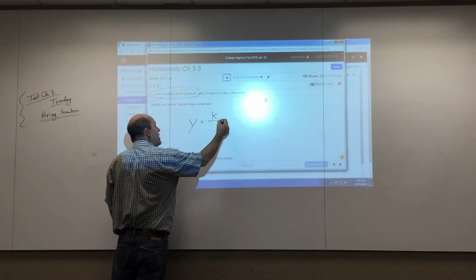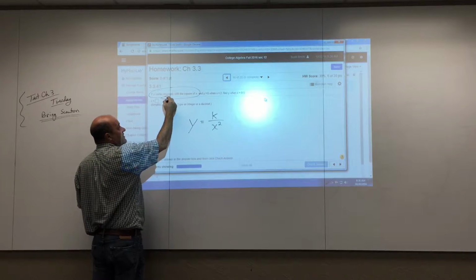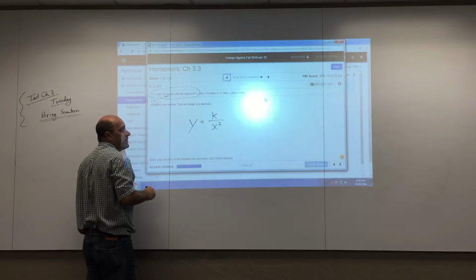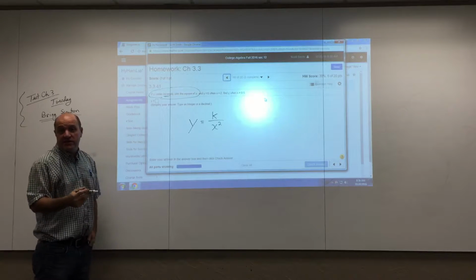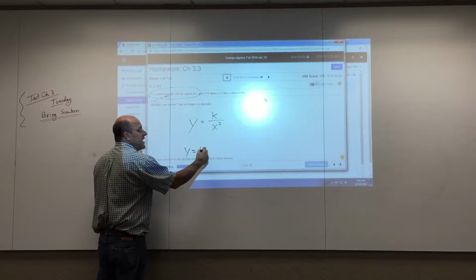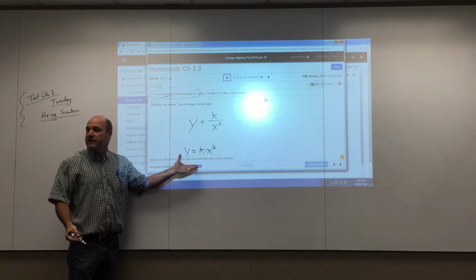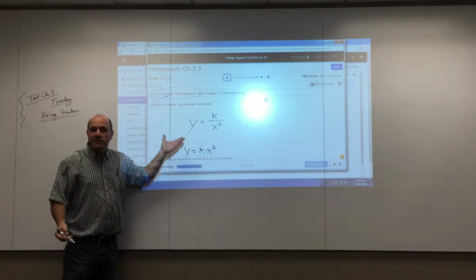So it's k over x squared. And that's because of the word varies inversely. One little word change: varies directly would be y equals k times x squared. That's varies directly, that's varies inversely. That's all.